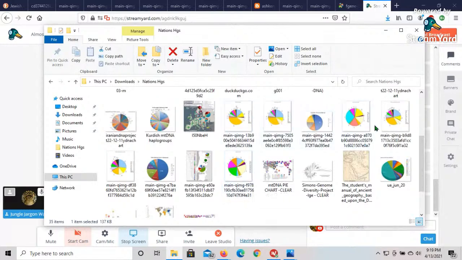Yeah, these pie charts are showing the signature of the Jewish populations, which is interesting. I'll do some more study on that. Of course, the same thing in Portugal, Iberian Peninsula, which is Iber.